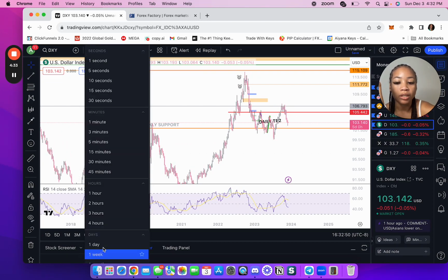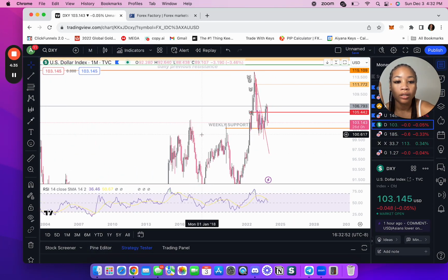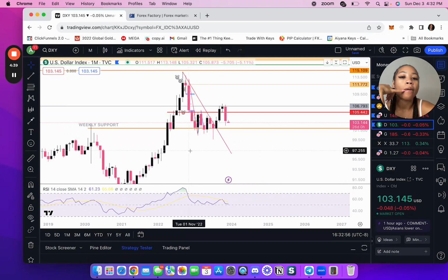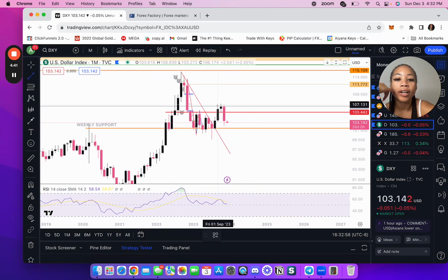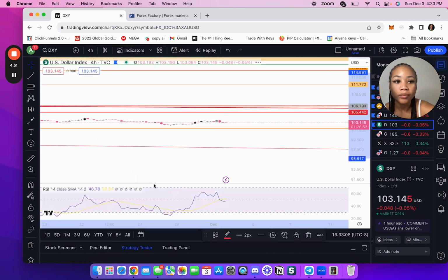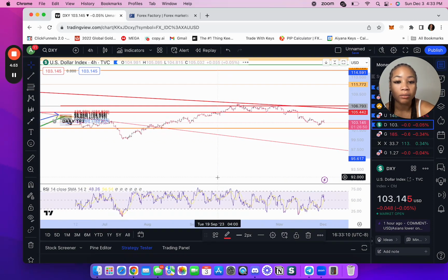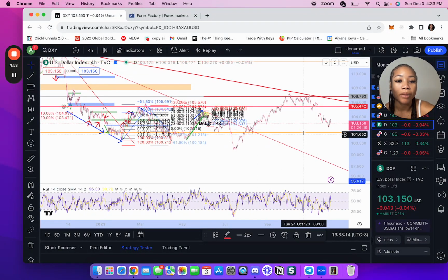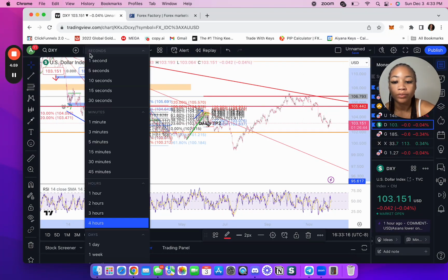Or was it the monthly? Okay, yeah. Right here we can see there's a high right there, a high right there. So this is a whole downtrend on that monthly. We're in a new month, but that's overall just showing us that the dollar during the main month has been going down.